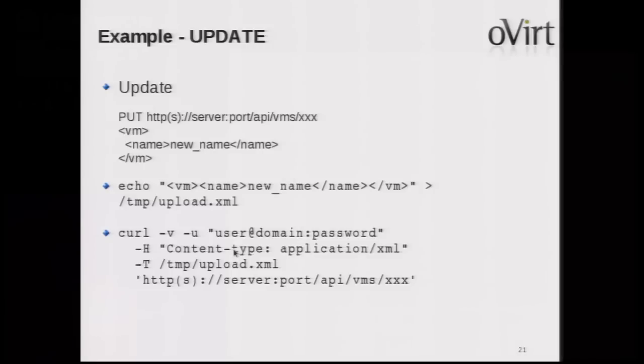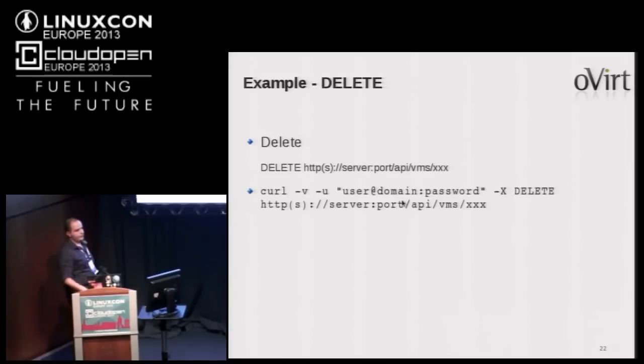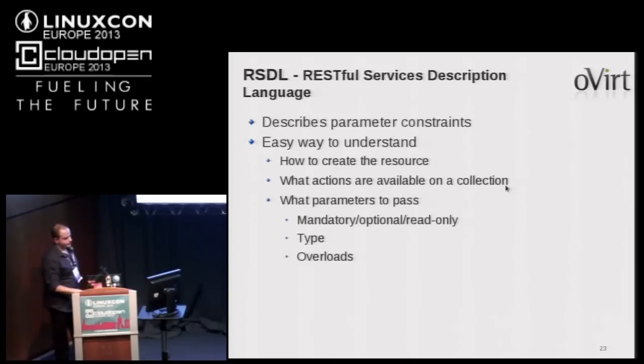It's a very standard use of REST API. In here, to update the VM, to rename it, you just use the -T option with curl, giving it the properties you would like to change in the VM. And in order to delete, you issue the delete command with -X DELETE.